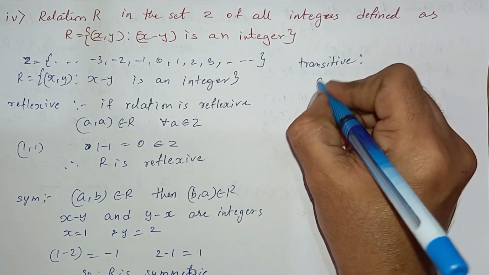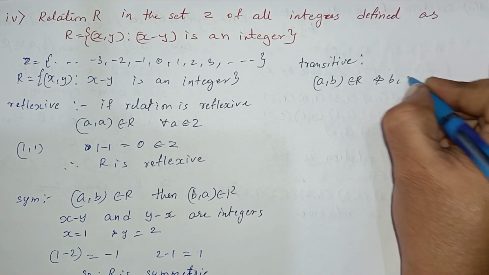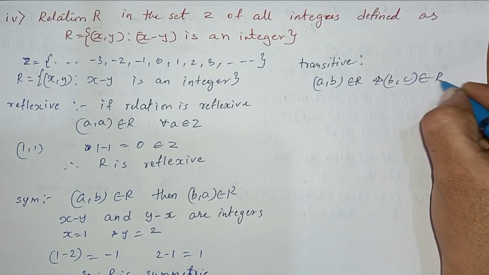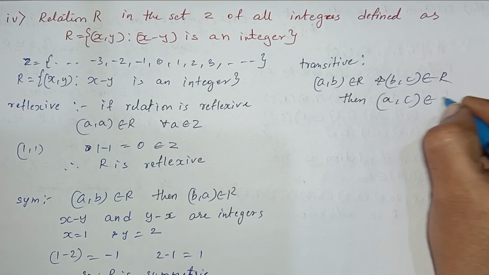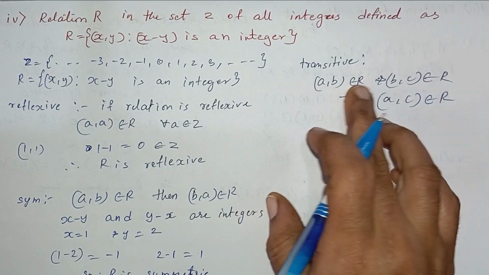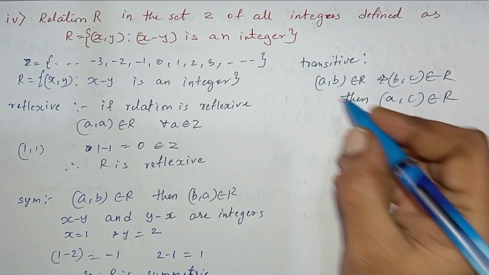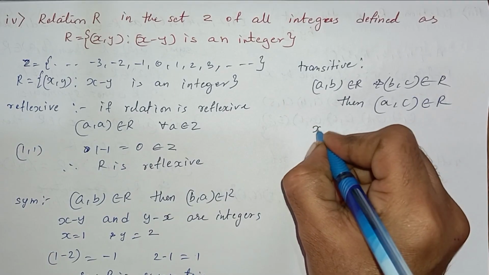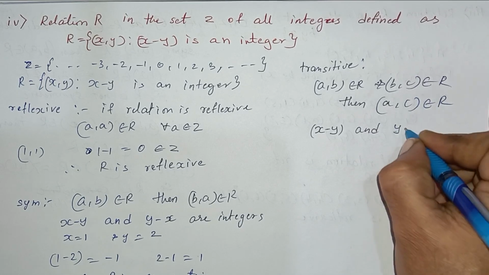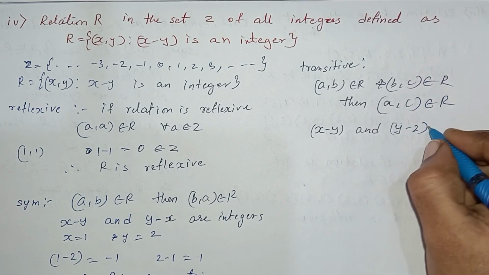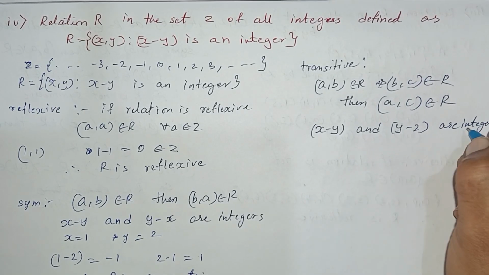In transitive, if (a, b) belongs to R and (b, c) belongs to R, then (a, c) should also belong to R. So here, if we take (x, y) and (y, z) belonging to R, so we know that x minus y and y minus z are integers.